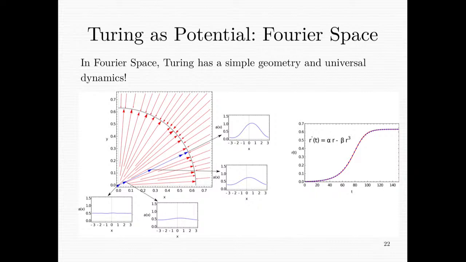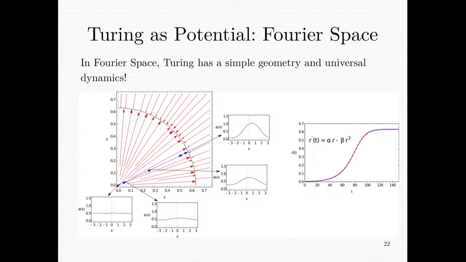Interestingly, the equations for how you go from the unstable to the stable fixed point are universal. To lowest order, they're always going to have a term where you have some nonlinear flow away from the unstable fixed point, and you'll have some cubic saturation term.